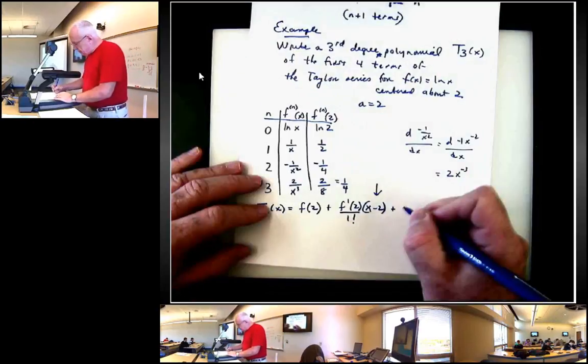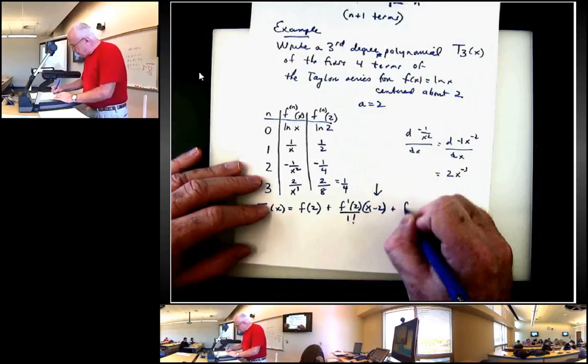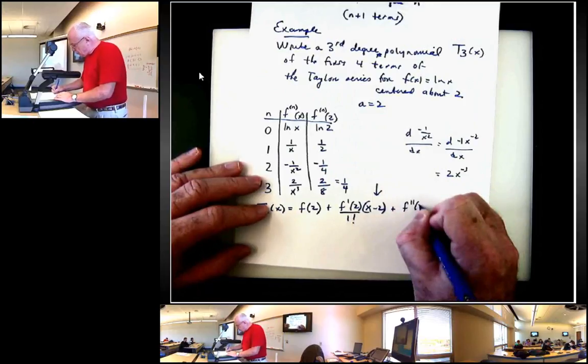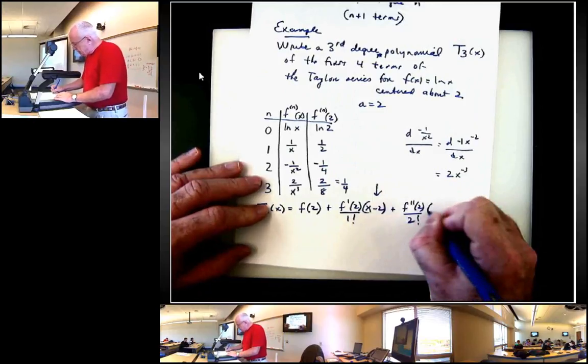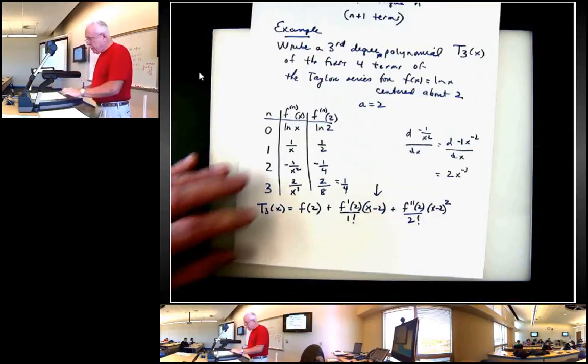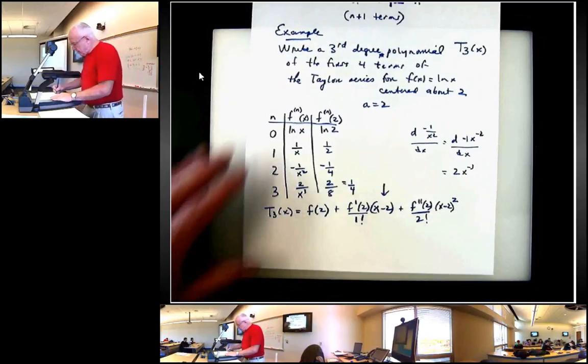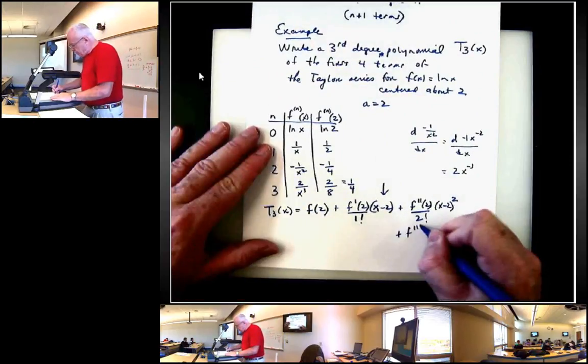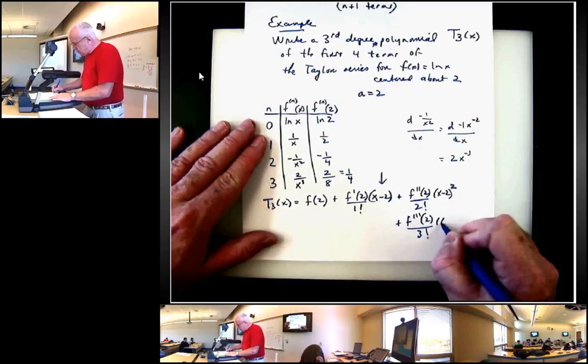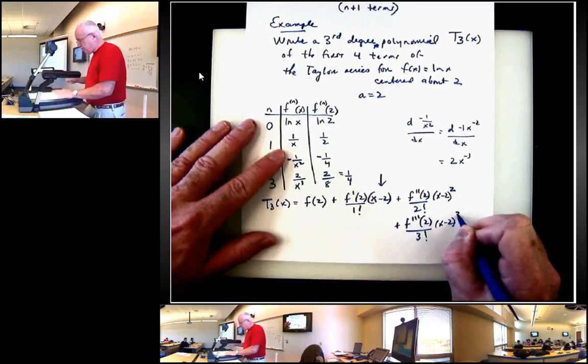And then we're going to need another term, f double prime of 2 over 2 factorial times x minus 2 squared. So that's 1, 2, 3 terms. And then finally, f triple prime at 2 over 3 factorial times x minus 2 to the third power.